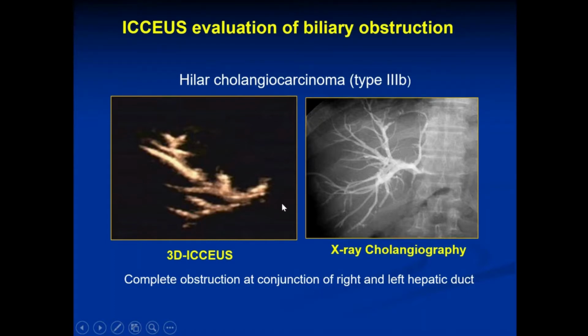After injection of diluted contrast agent through the drainage tube inserted in the right intrahepatic bile duct, the 3D ICCEUS displayed complete obstruction at the confluence of right and left hepatic duct. So the left intrahepatic and extrahepatic bile duct cannot be displayed at all.